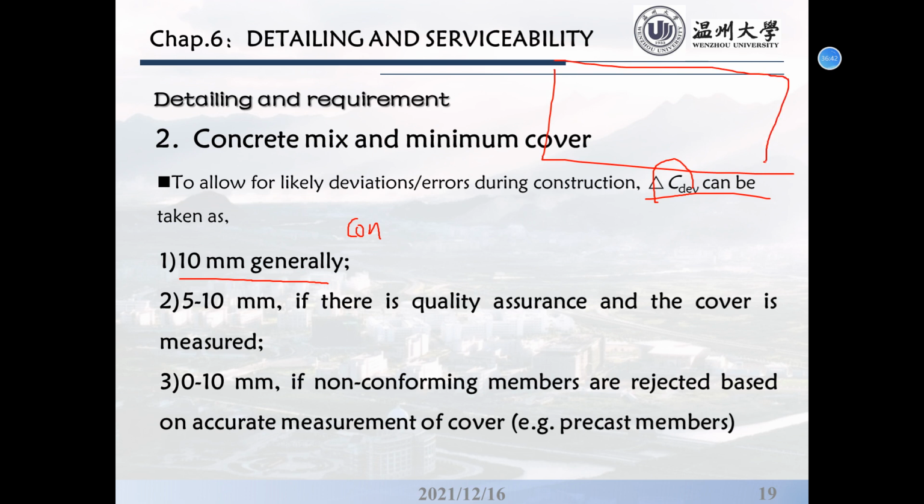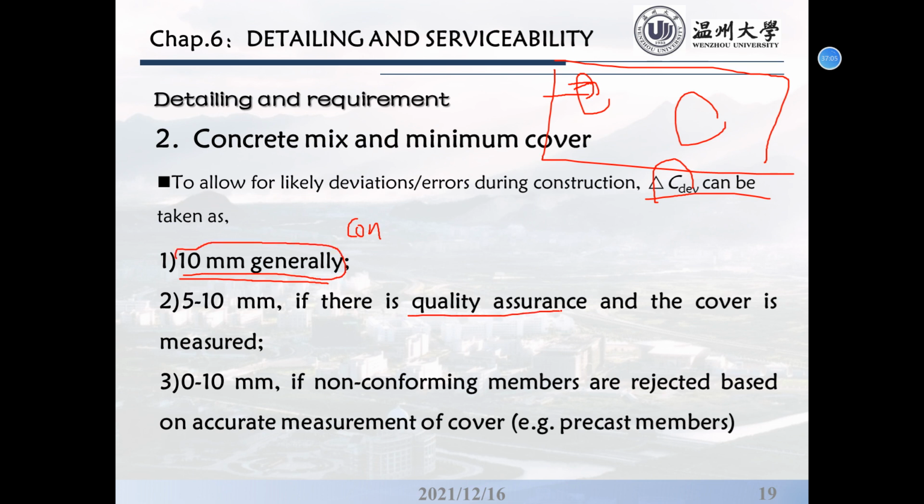At one place, people use one tool to set the cover, but here they use another tool, so that causes deviations of the cover depth. So here we consider the deviations or errors.